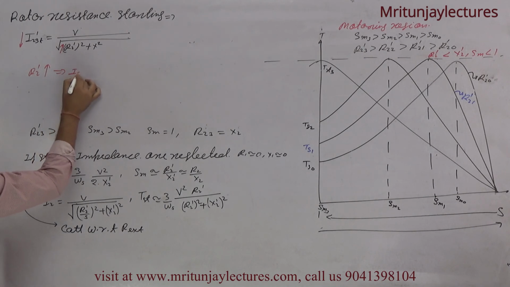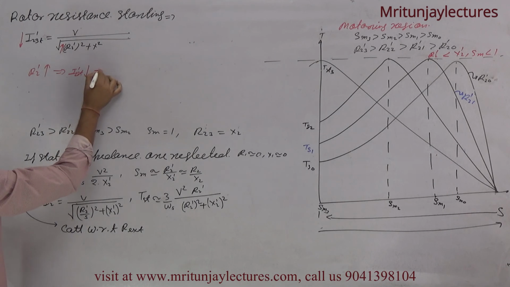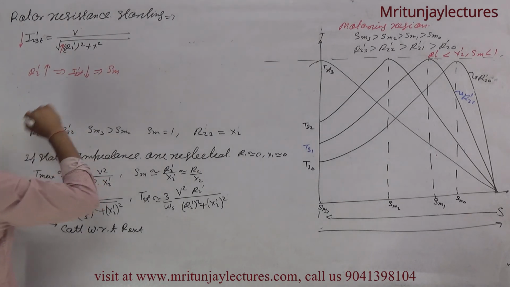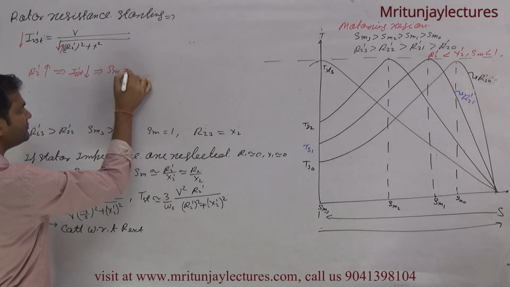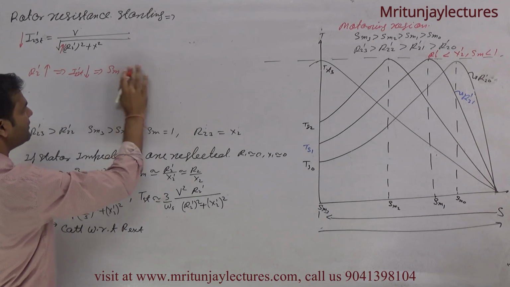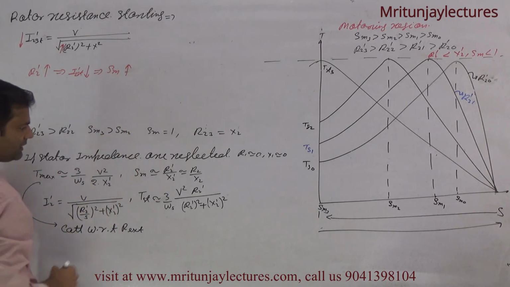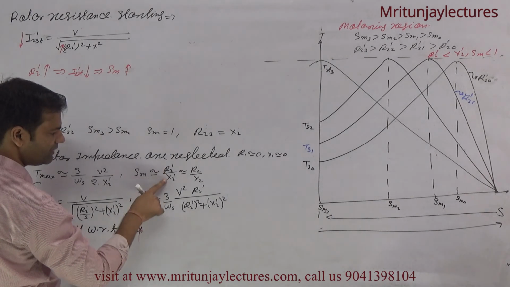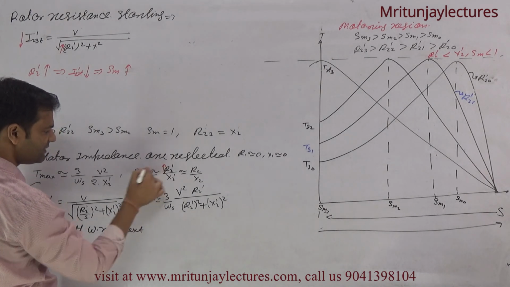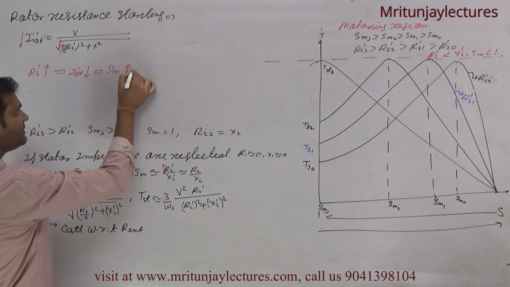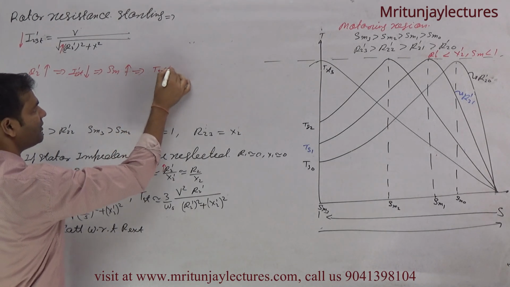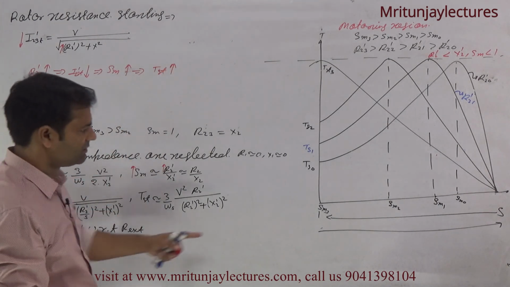And slip SM also increases, because slip depends upon R2 dash divided by X2 dash, and this increases. SM also increases, and starting torque also increases. Clear?